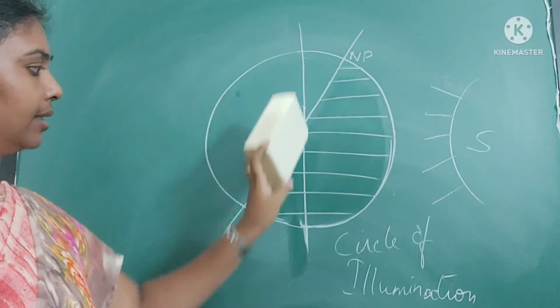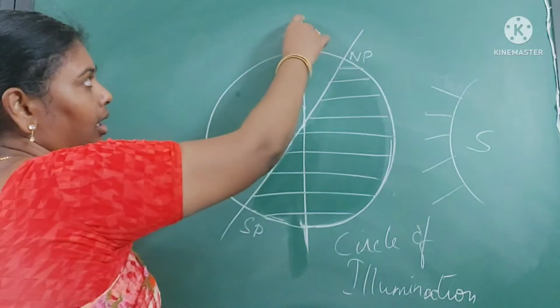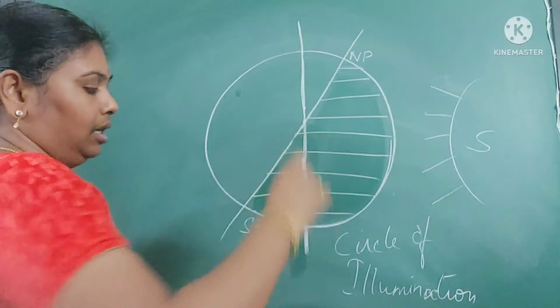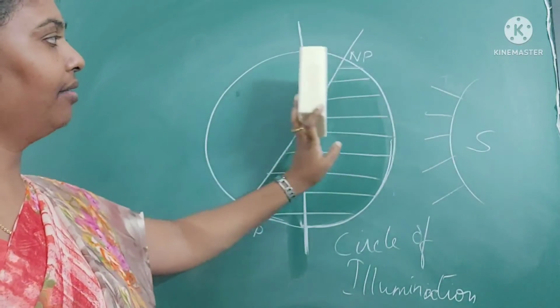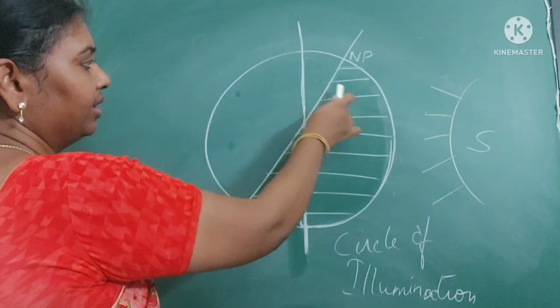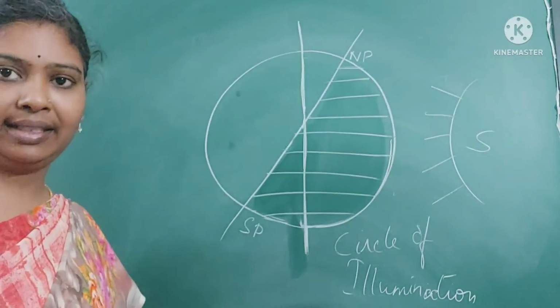According to this circle of illumination, if the Earth is rotating according to the vertical line of the orbit, then we will be having equal days and equal nights, but here we are having unequal days and unequal nights, right?